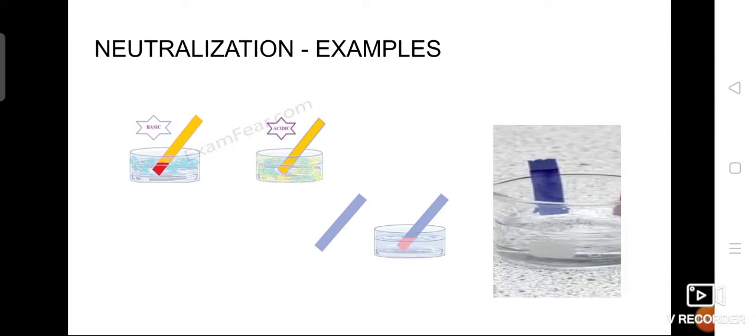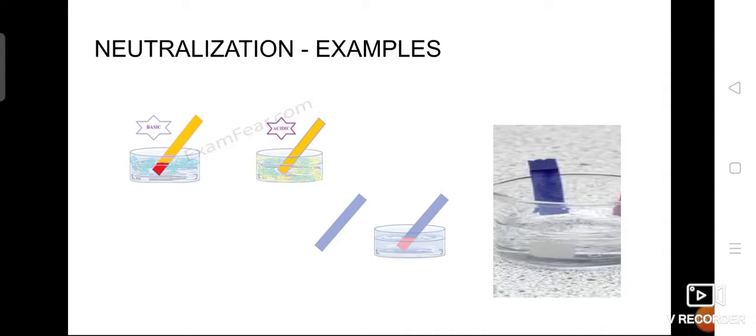Now take the same paper out and dip it in an acidic solution. Once you dip it in the acidic solution, it will change its color again into yellow.